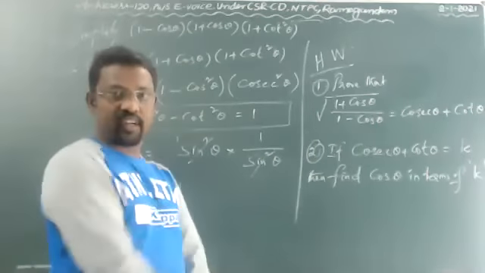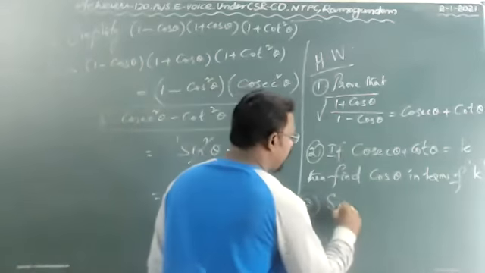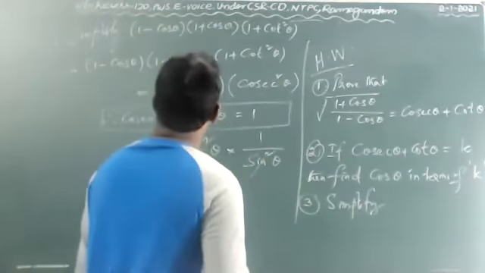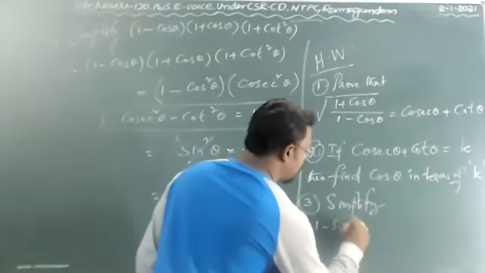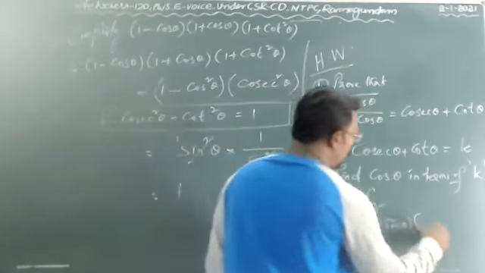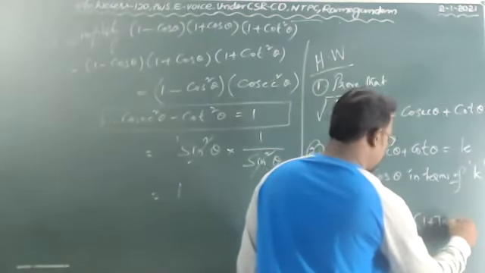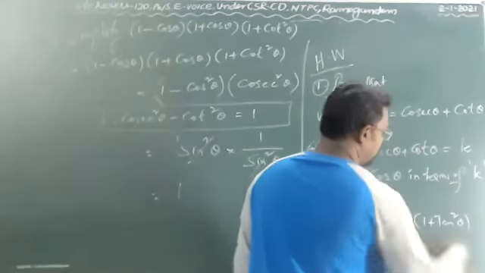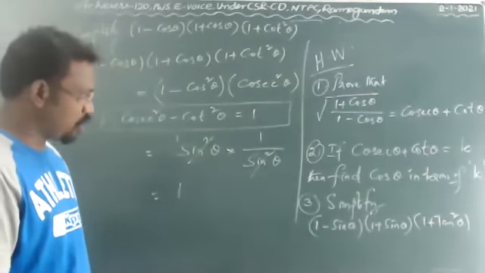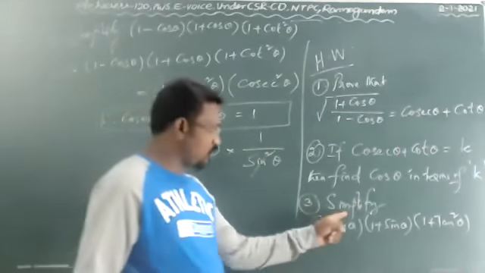And third question, simplify: 1 minus sin theta into 1 plus sin theta into 1 plus tan square theta.